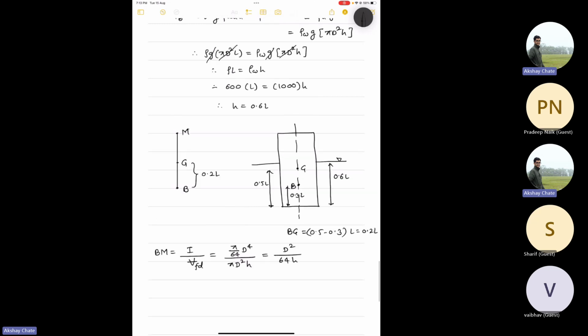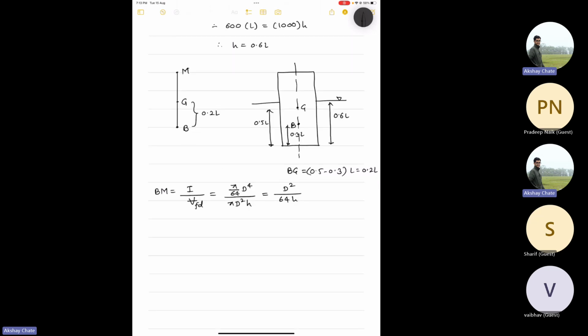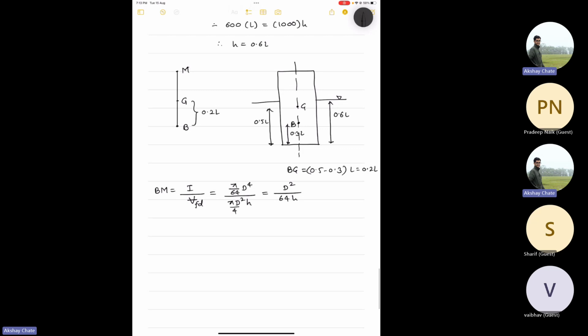Oh, one second. Actually, this is pi d square by 4. It should be pi d square by 4, because when you are putting it in terms of diameter, pi r square becomes pi d square by 4. And here also it should be pi d square by 4.